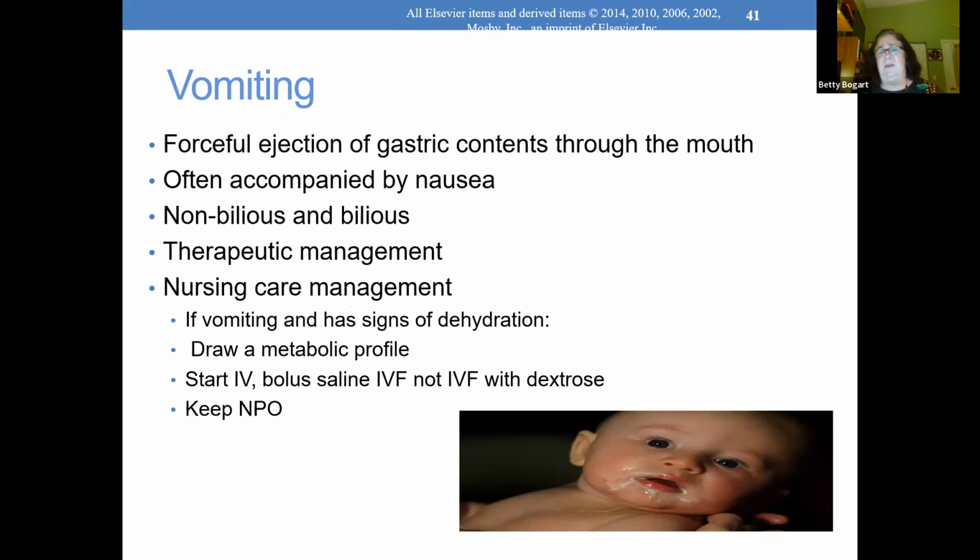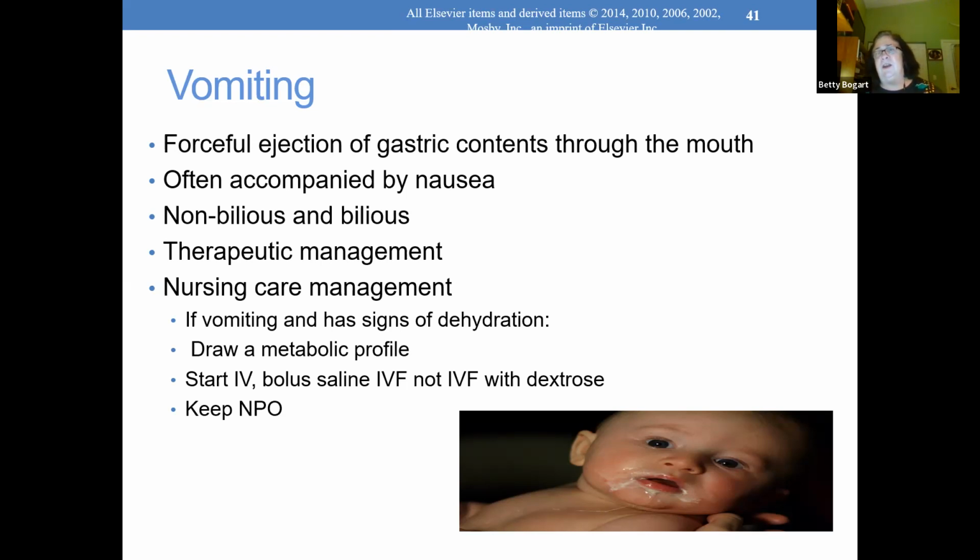What is a treatment for a child with vomiting? Well, remember, dehydration, we worry about a lot. We don't want it to happen. So if you're vomiting, can you give that child something by mouth? No, they're just going to vomit again. So in acute vomiting, the treatment is IV fluids.